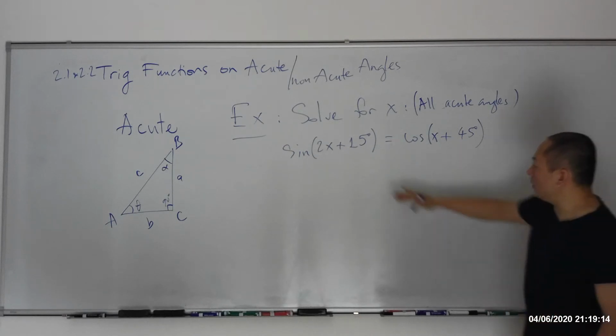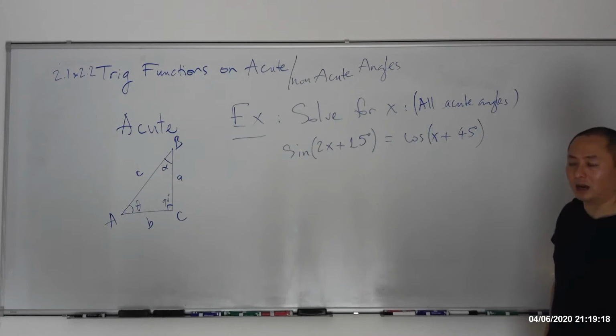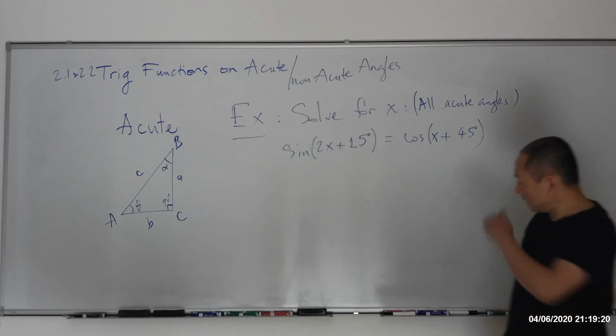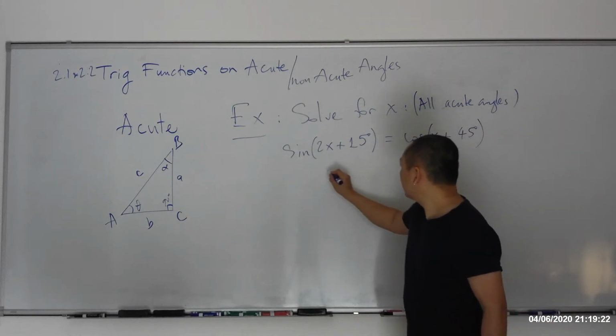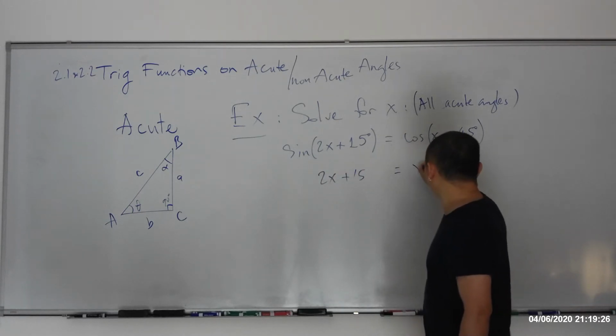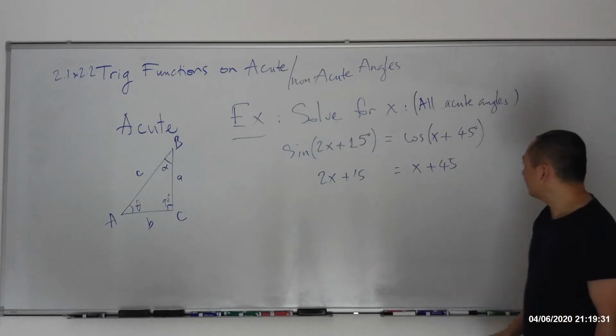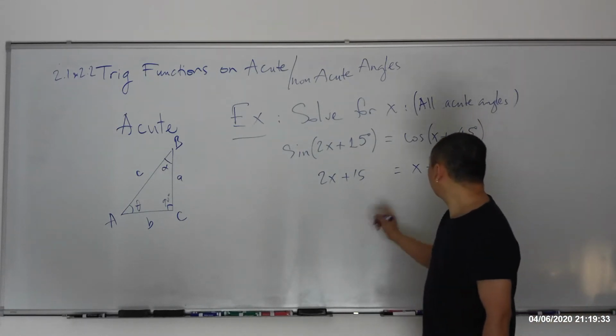According to what we learned before, the sum of the two angles has got to be equal to 90 degrees because they're complementary. Okay, so 2x plus 15 is going to be equal to x plus 45, and we simplify.